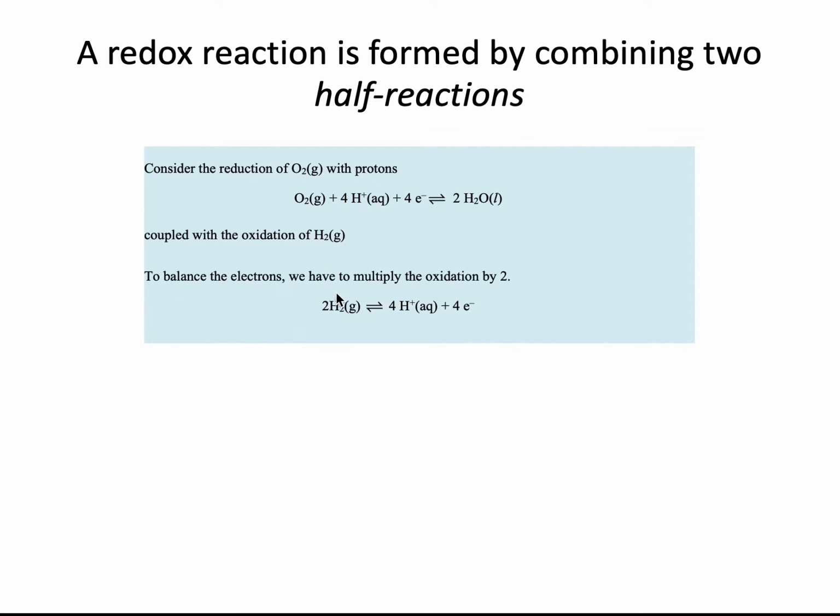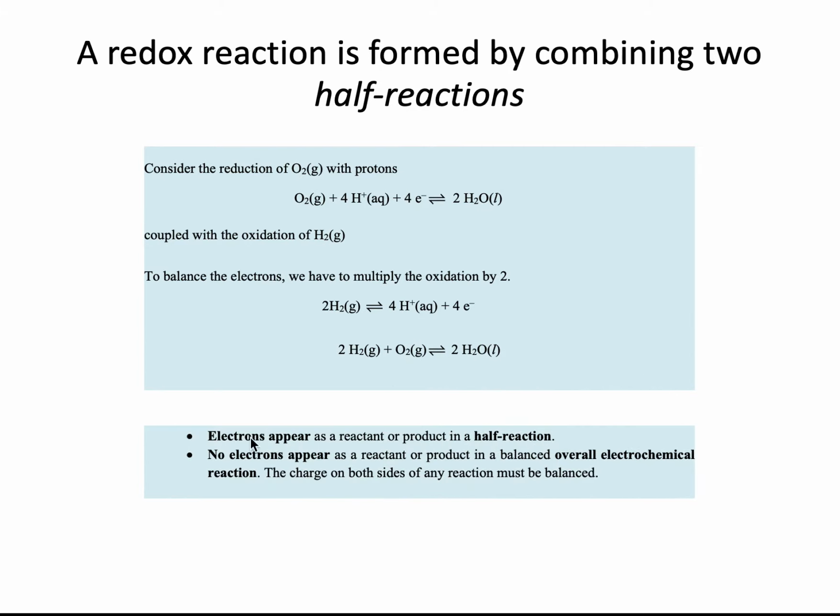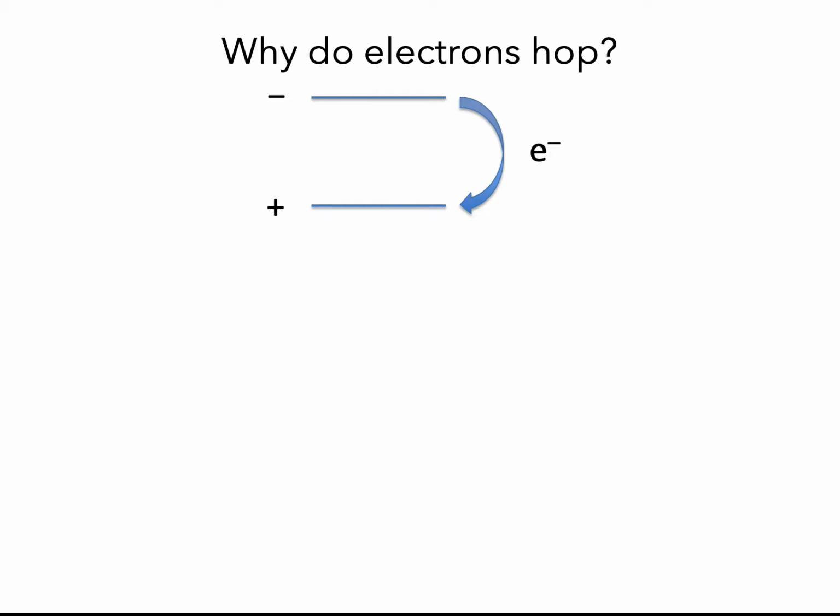We have to multiply every species by 2 in order to get the electrons to balance. When half reactions are added to balance the number of electrons lost with the number of electrons gained, the overall reaction will be balanced. Note that electrons appear as reactants and products in half reactions, but they do not appear as reactants or products in balanced overall chemical reactions.